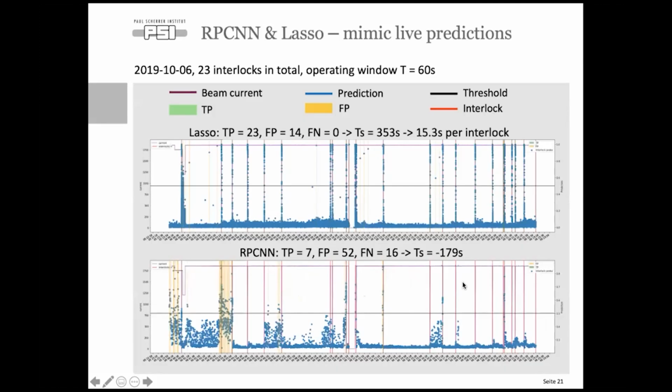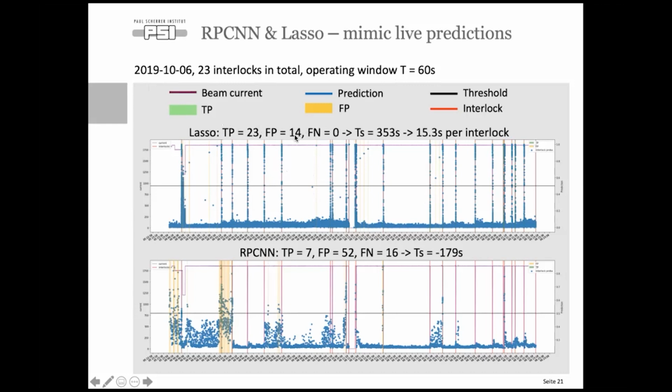Okay, and now with our newly defined beam time saved metric, we can compare the two models. For the Lasso model, on this day, October the 6th, 2019, there are 23 interlocks in total, and we try an operating window of 60 seconds. For the Lasso, it successfully detects all of the 23 interlocks, so we have 23 true positives and no false negatives.